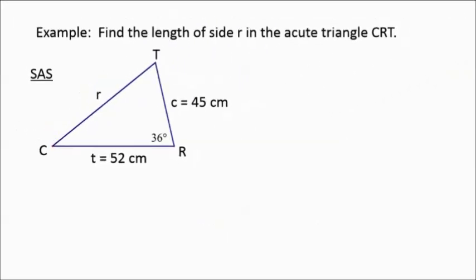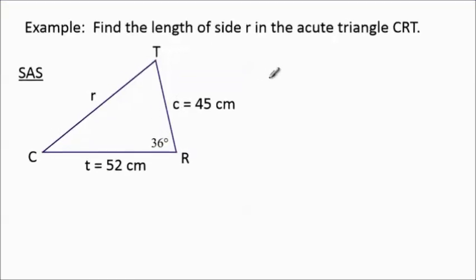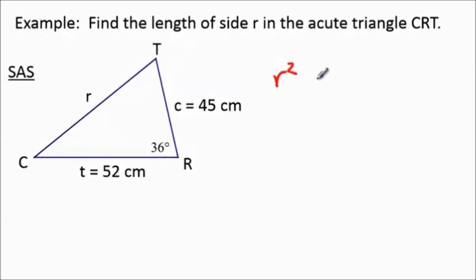Okay, so for example, find the length of side R in the acute triangle. Now in this case, we have side, angle, side. We have C and the angle between C and T. So I'm going to say we're looking for R, so I'm going to start out with R as the outside part. So R squared equals C squared plus T squared.